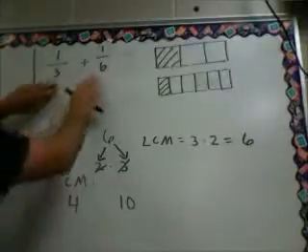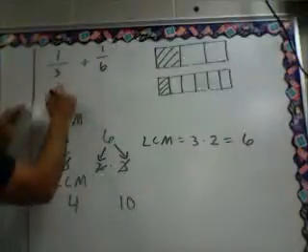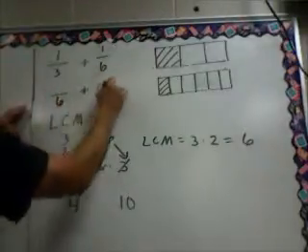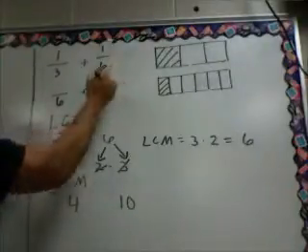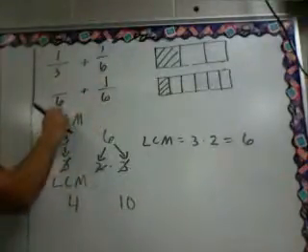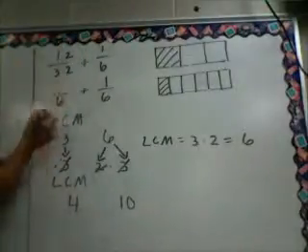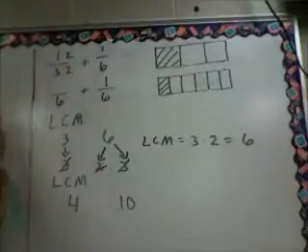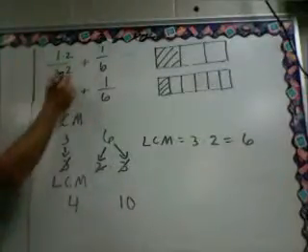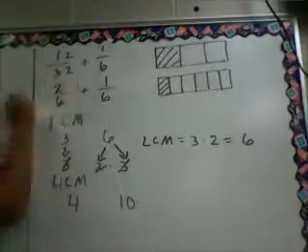So if I was to go back and do this problem, to be able to add them, I would need a denominator of 6. Okay? This one already had a denominator of 6. To get to 6, I would have to have multiplied by 2. To compensate for changing the bottom, I need to multiply the top by the same number that we multiplied to get the bottom to where it needed to be. 1 times 2 is 2.